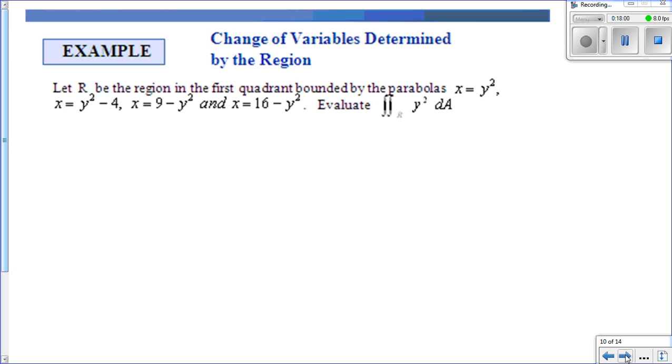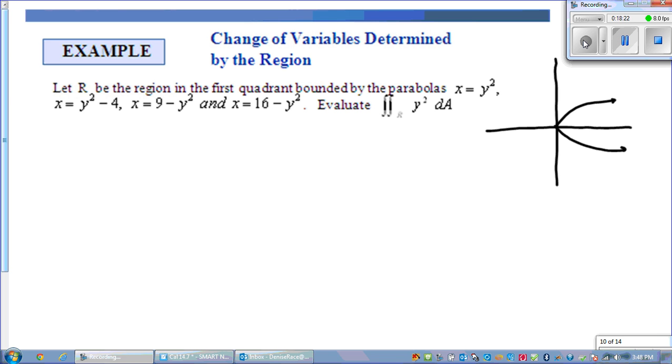Okay, so now let's say that R is a region in the first quadrant bounded by these parabolas. Okay, so x equal to y squared, x equal to y squared minus 4, okay, x equals 16 minus y squared, and x equal 9 minus y squared.